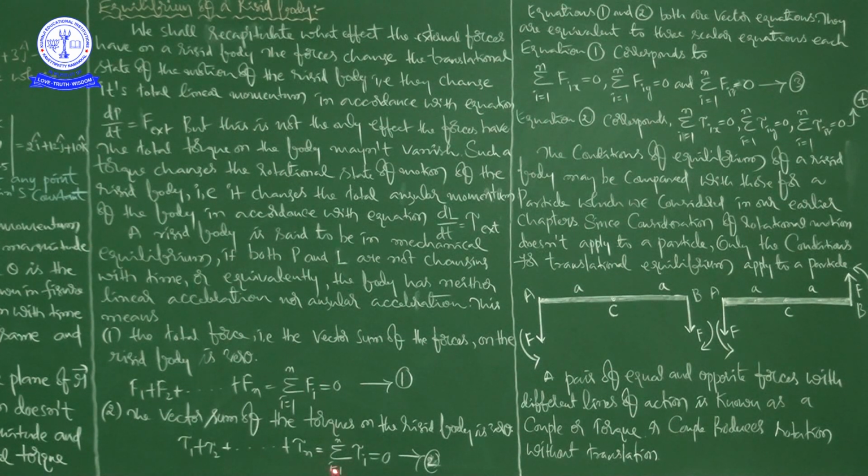And if you go for rotational, this is the situation. The vector sum of the torques on the rigid body is 0. So in case of rotational equilibrium, if the total torque on the rigid body is 0, the total angular momentum of the body does not change with time.